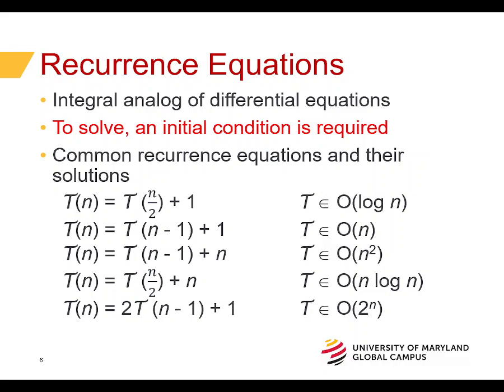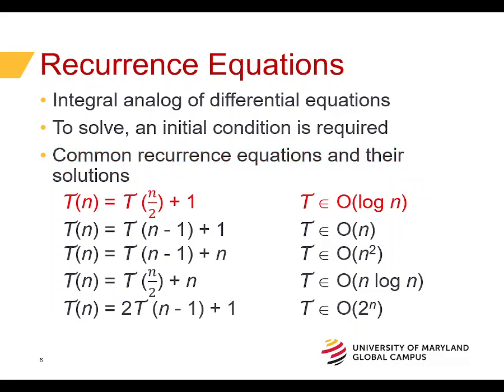That initial condition would typically be something like t(1) = 1. In addition, like differential equations, there is no general technique that works for solving them all. For our purposes, we are less concerned about the techniques for solving them and more interested in the ones that arise most often and knowing their solutions. So let's consider the most common ones.